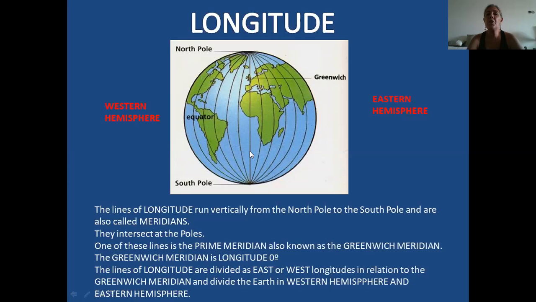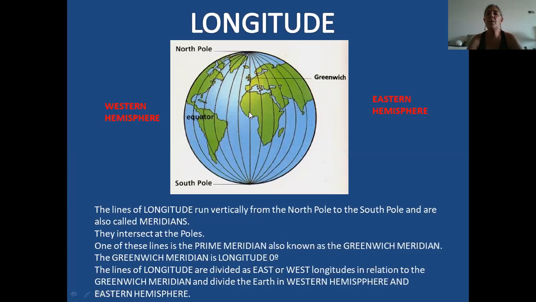The lines of longitude are divided as east or west longitudes in relation to the Greenwich Meridian. So we got the Greenwich Meridian right here. All the lines of longitude that go this way to the right are the eastern longitudes, and the ones that go to this side are the western longitude.